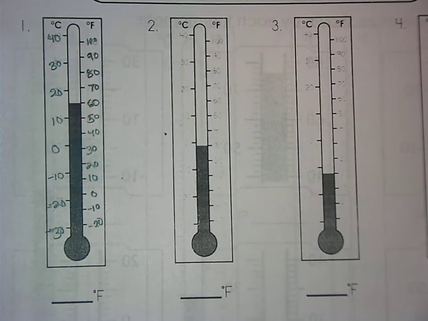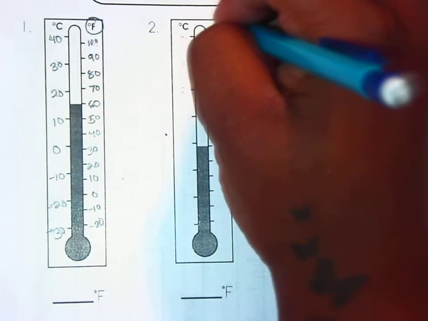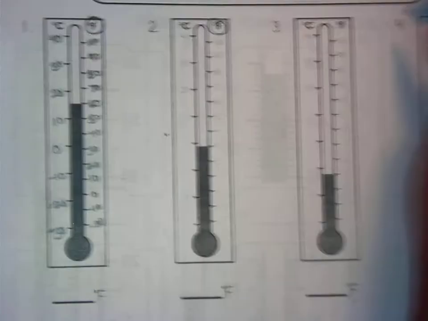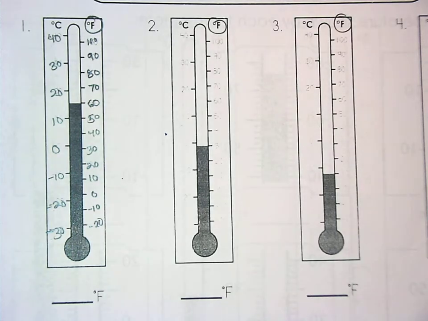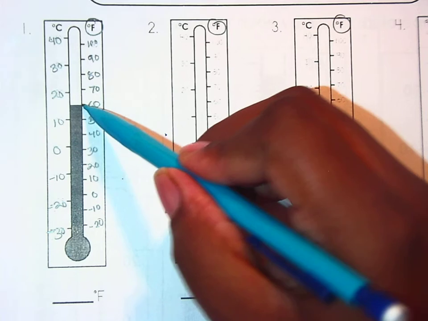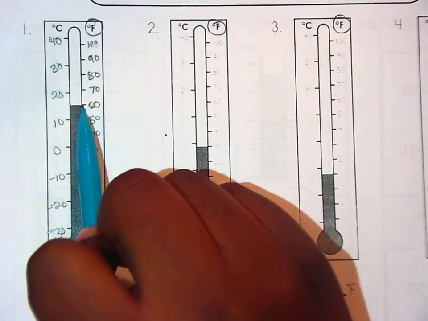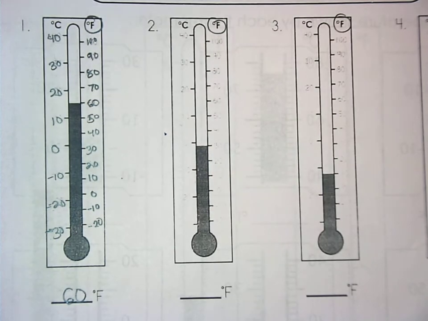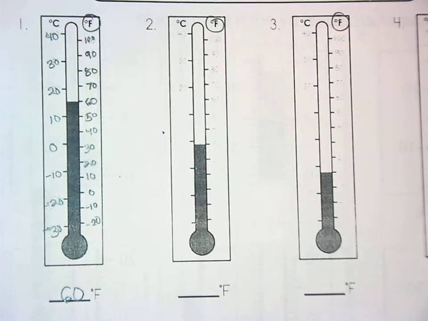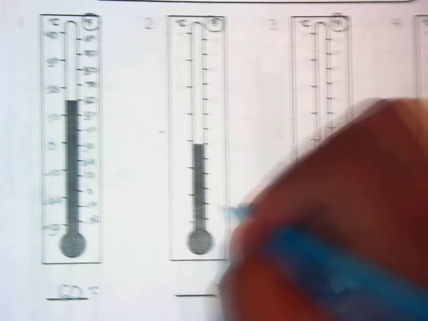Okay? Now, I am reading strictly on my Fahrenheit side, okay? So, once again, it's easier for me to make a note that this particular page is for Fahrenheit only, okay? Now, I'm going to start here, work my way up to where my Fahrenheit stops. My Fahrenheit stops at the number 60, so it's safe to say that this is 60 degrees Fahrenheit. Coming over here to question number 2, I'm not going to fill in Celsius.